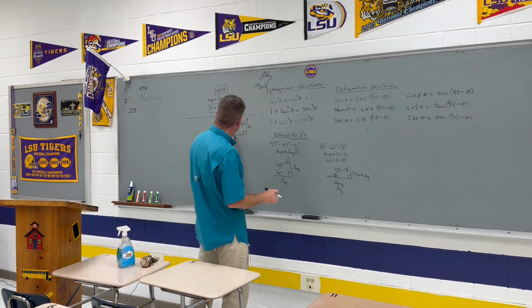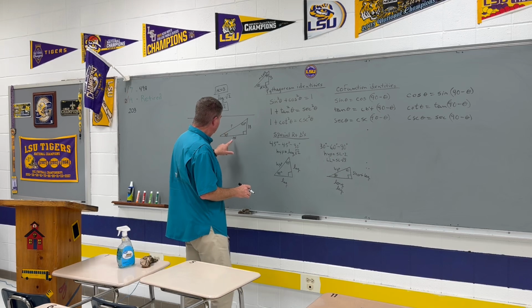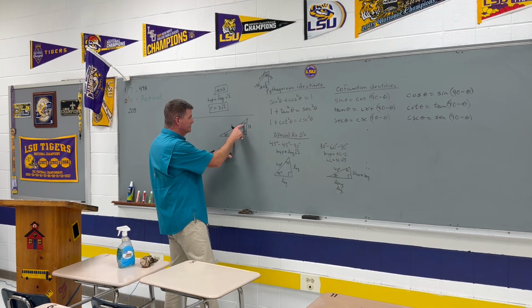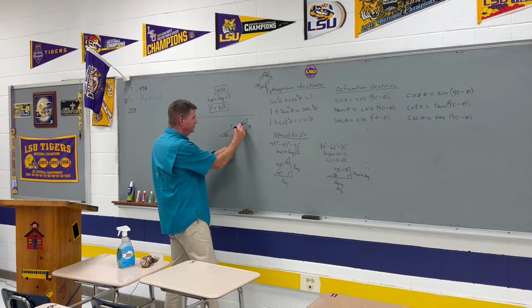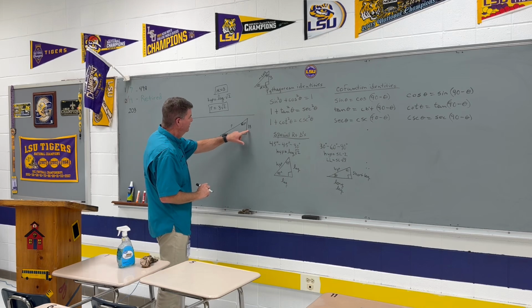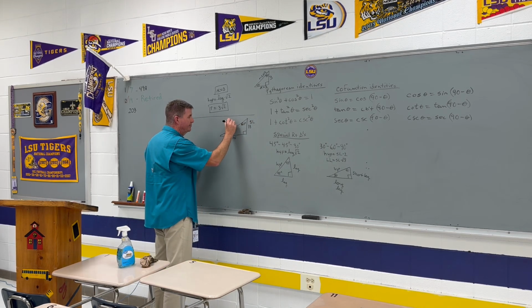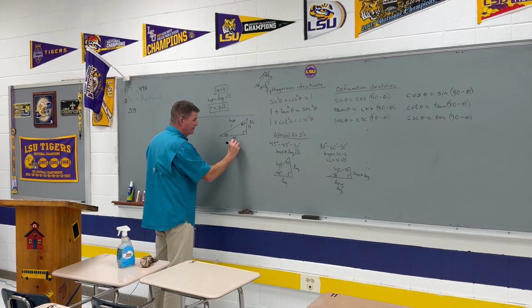We're not given the hypotenuse, we're looking for that. We're not given the long leg. The long leg is opposite the biggest angle, and the short leg is opposite the smaller angle. So we're given the short leg. We need the hypotenuse and the long leg.